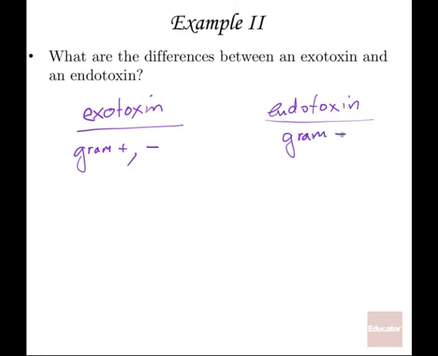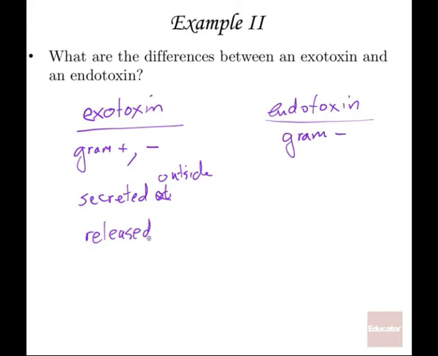Now, the exotoxin, remember, was secreted outside the bacteria. It's secreted outside the cell, or it could stay inside the cell and be released during phagocytosis.